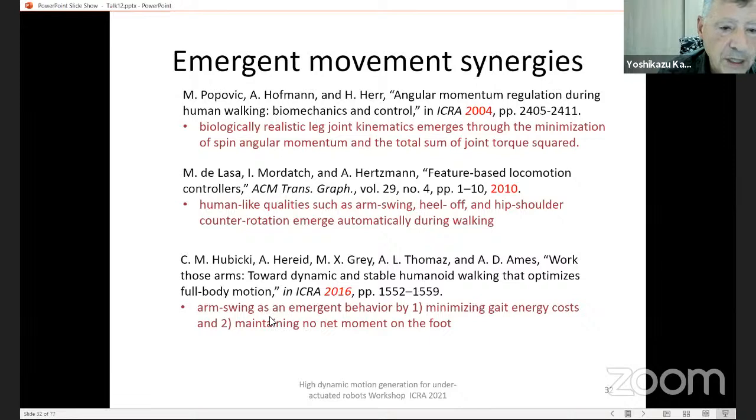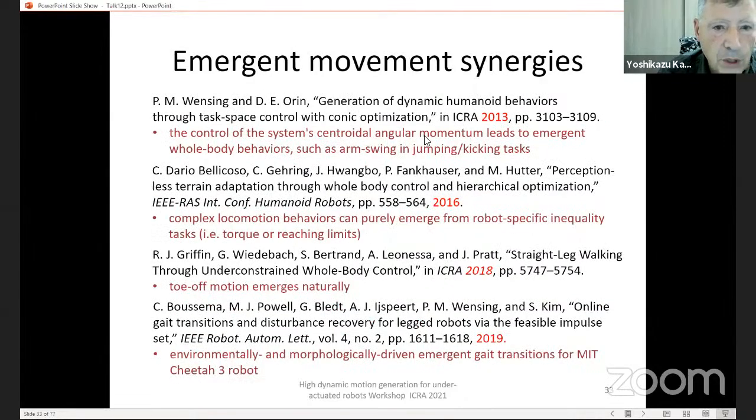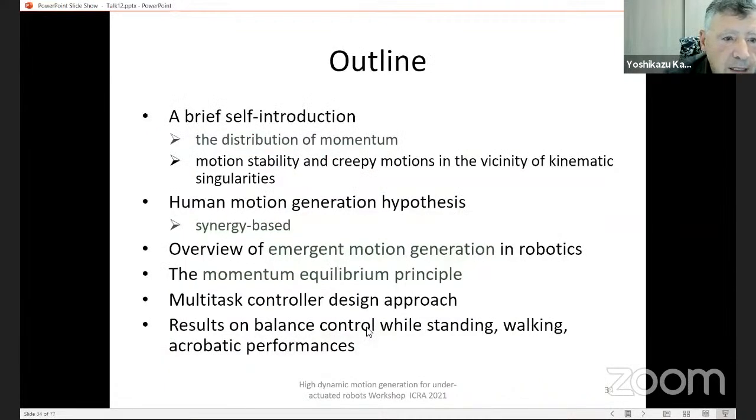We have arm swinging, as also the work of Patrick in 2013. You have upper body emergent motion, jumping and kicking, and so on. And recent work which Patrick reported now about the Cheetah robot. I think this is a work related to this one.